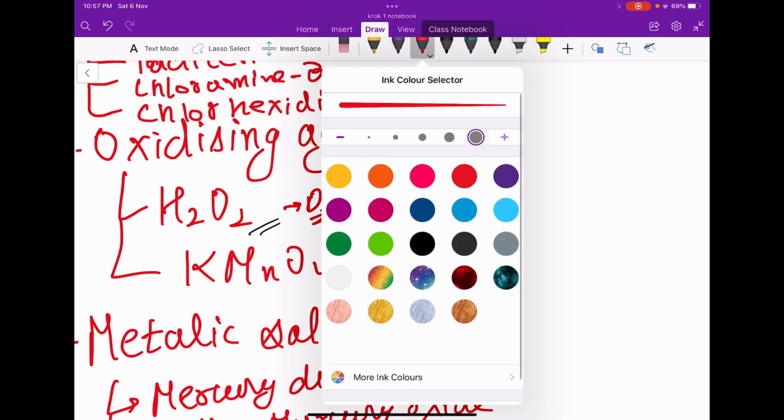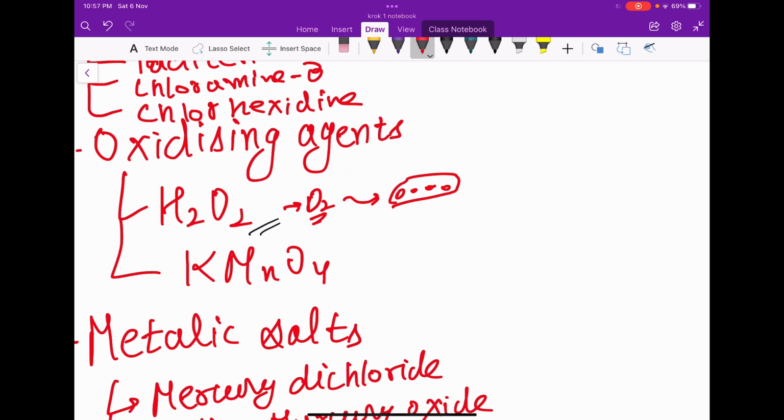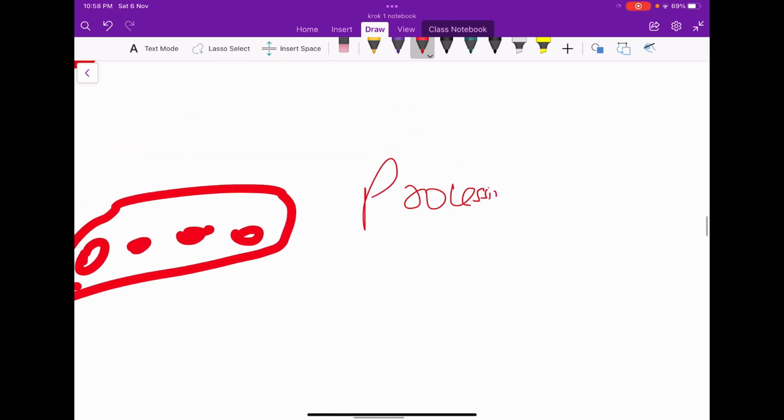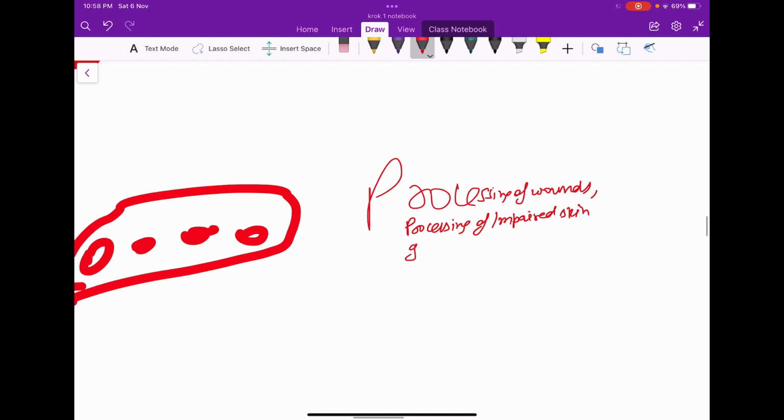And what are the indications for this medication, guys? What are the indications for hydrogen peroxide? It is for the processing of wounds. Thereafter, processing of impaired skin. Thereafter, gargling or mouthwash. Okay guys, so these are the indications for hydrogen peroxide.